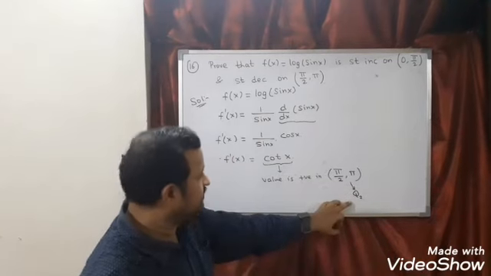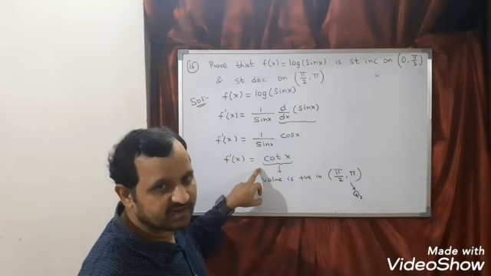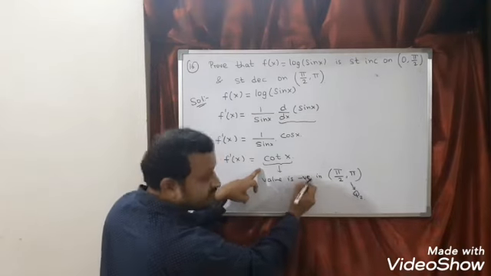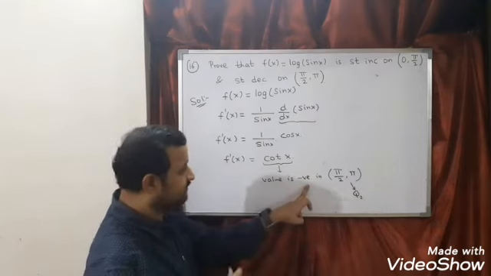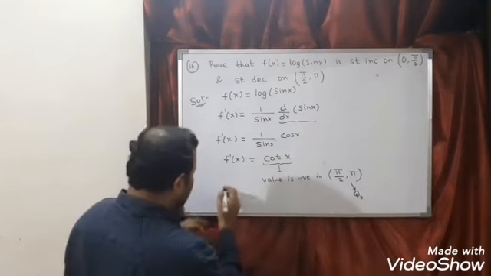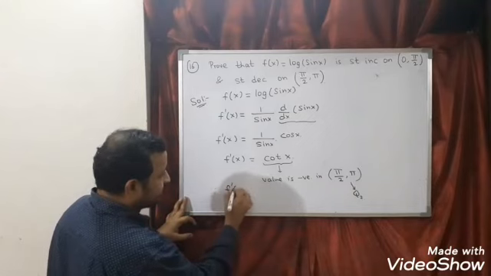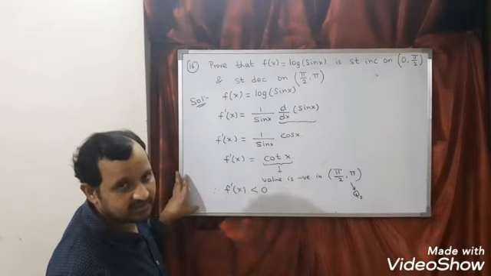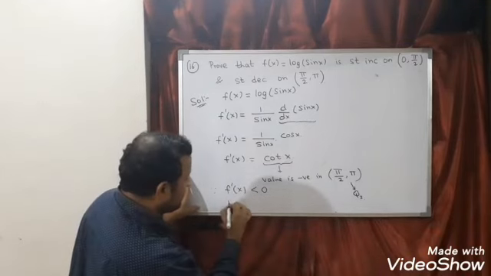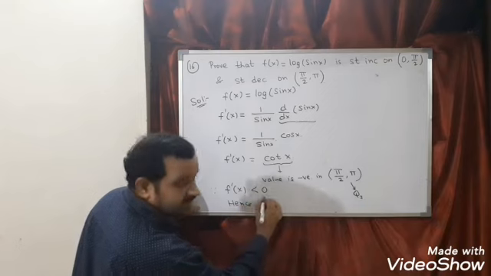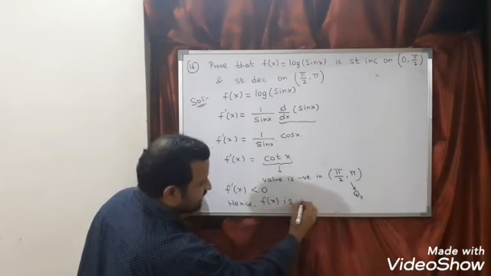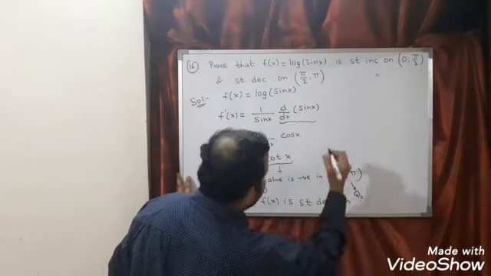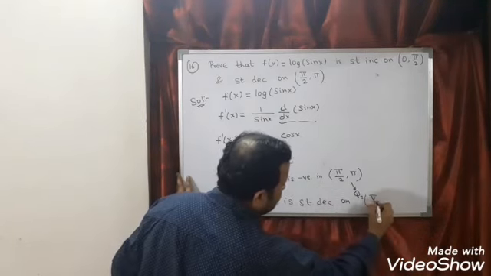In the second quadrant, cot x value is positive or negative? Negative. So here I can say value is negative. So I can say f dash x is negative. So f dash x is negative means what? It is a decreasing function. So here I can say hence f of x is strictly decreasing on pi by 2 comma pi.